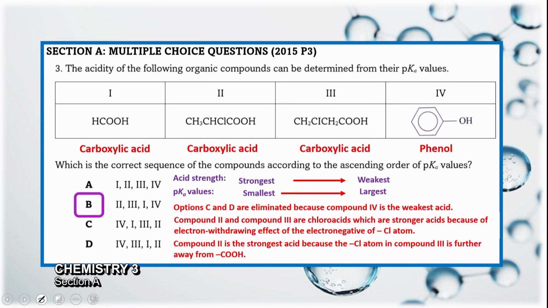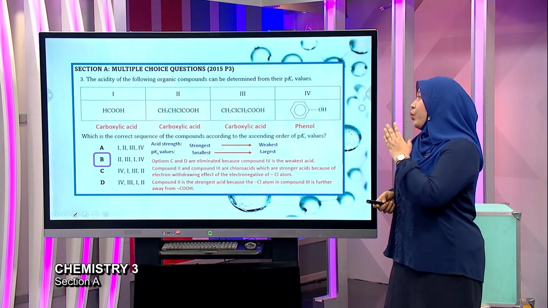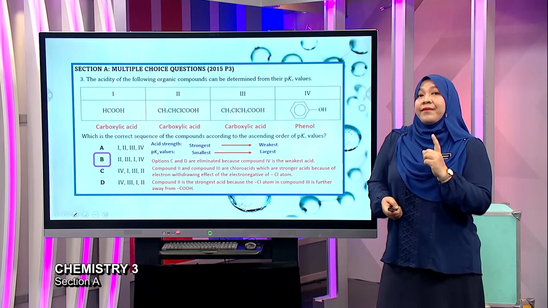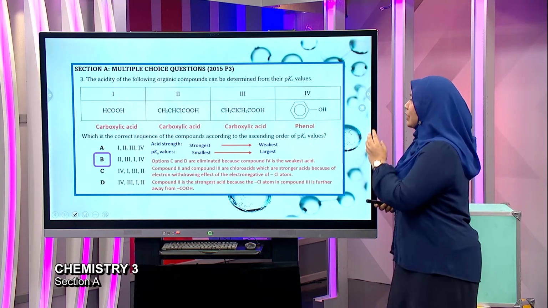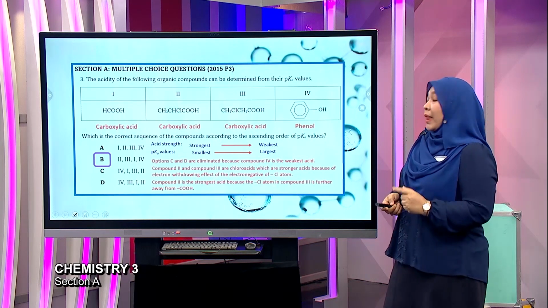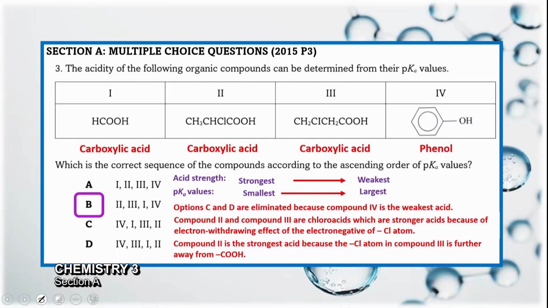So in order for you to put the correct sequence in order of pKa values, you need to understand this involving acid strength. So acid strength from the strongest to the weakest corresponds to the pKa values from smallest to largest. So let us look at the options given. Options C and D are eliminated because compound 4 is the weakest acid.